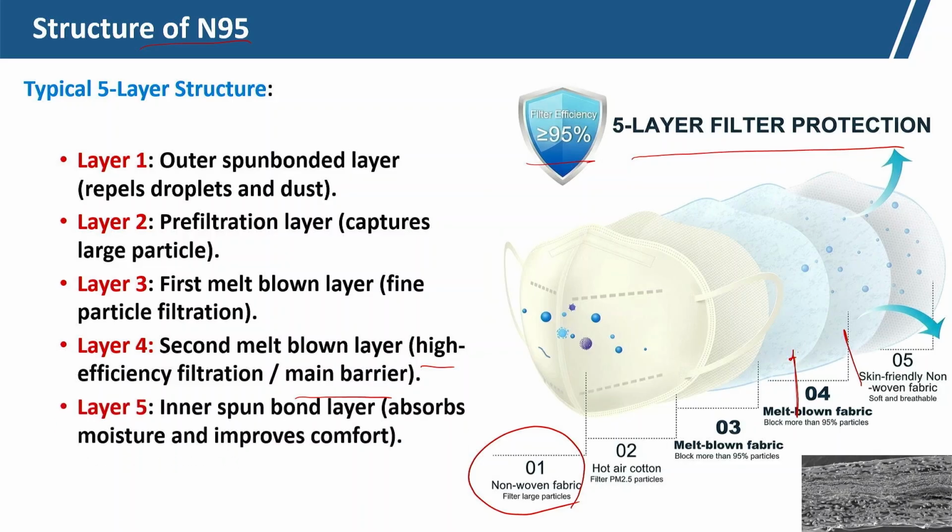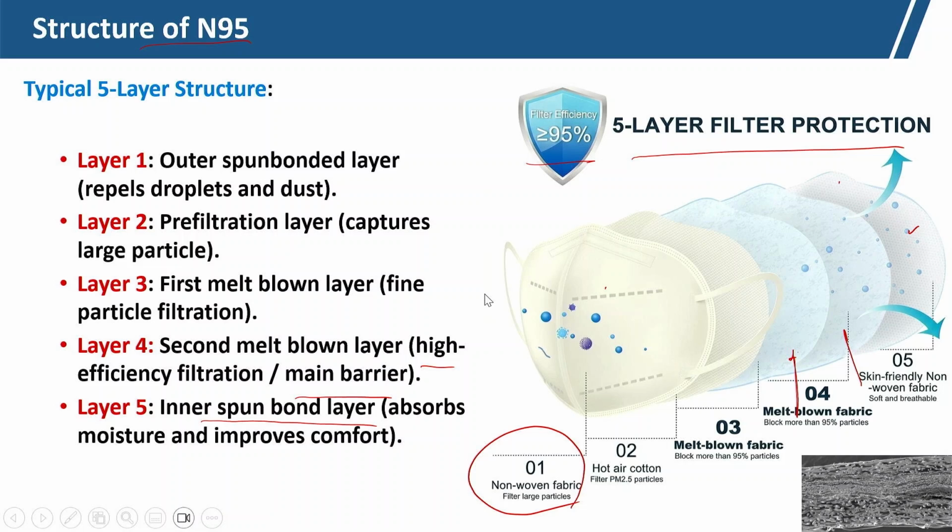Then the inner layer is a spun bond layer, which absorbs moisture and improves comfort. So, spun bonded and then melt blown, but here there are 5 different layers to give a very high level of protection.